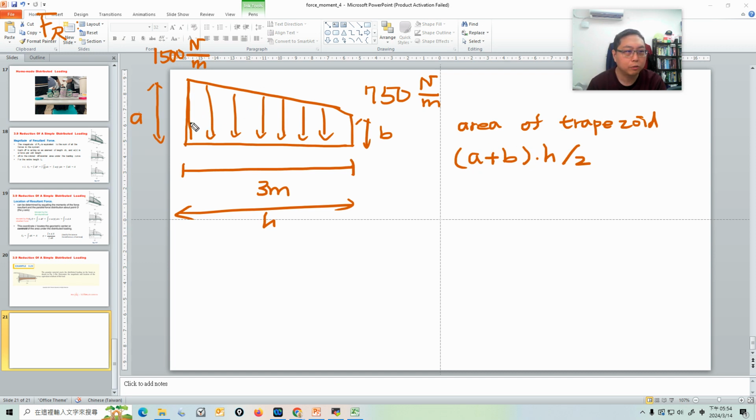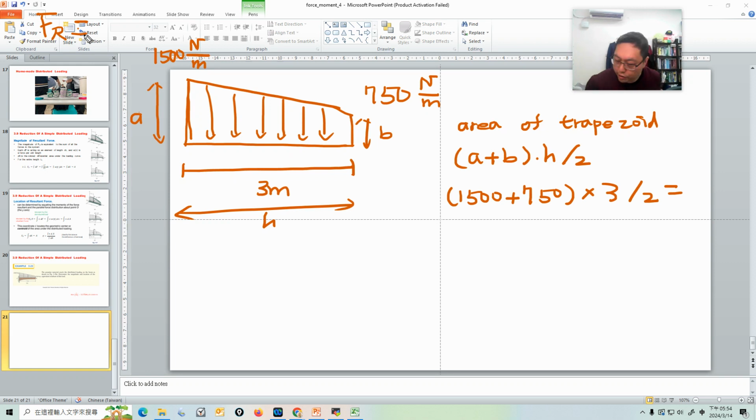Let's follow this formula. Base 1 is 1500, base 2 is 750, the height is 3, and then divided by 2. You will get the magnitude of the resultant force. What's the value?